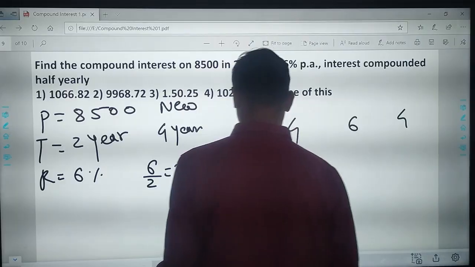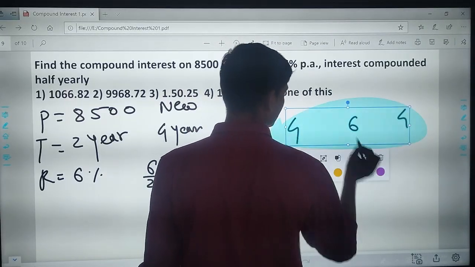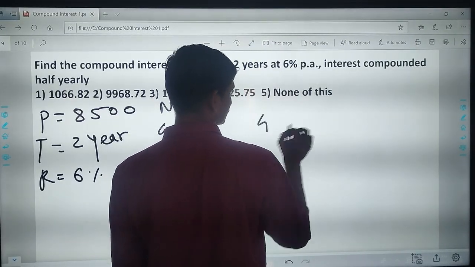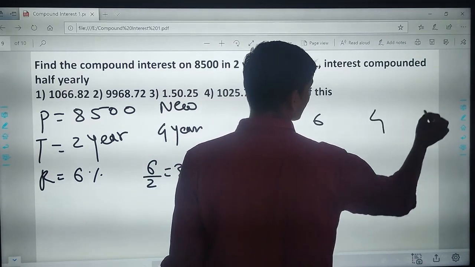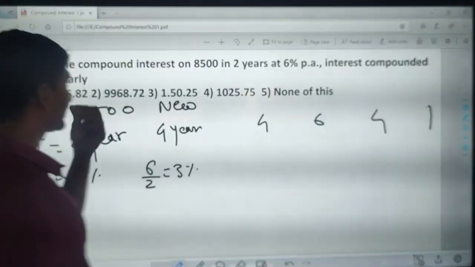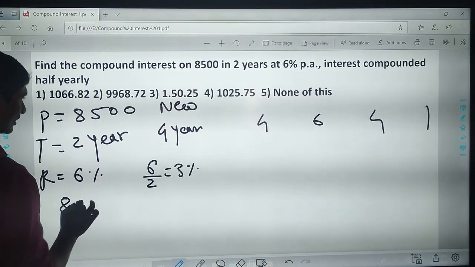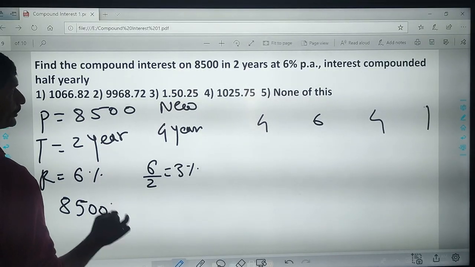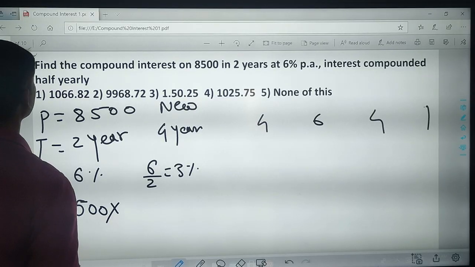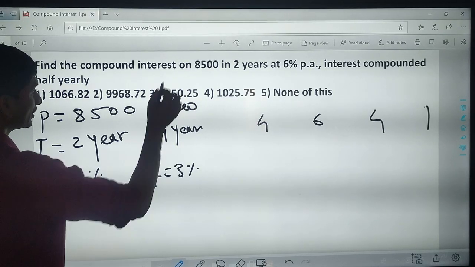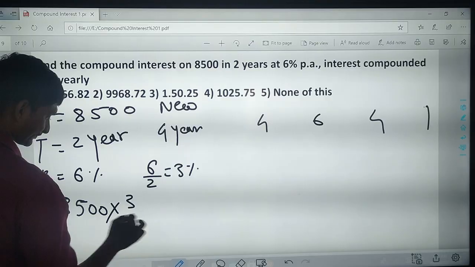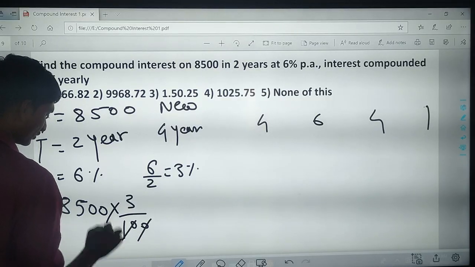We write 4:6:4:1. Now here we get 3% of this value. 3% of 8,500 for half year. 0 gets cancelled.